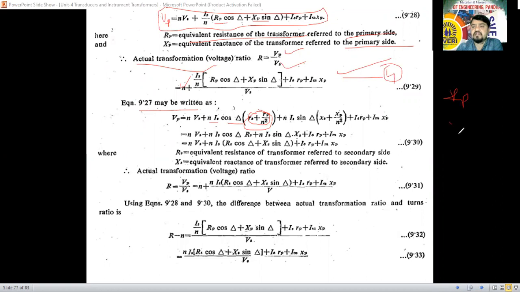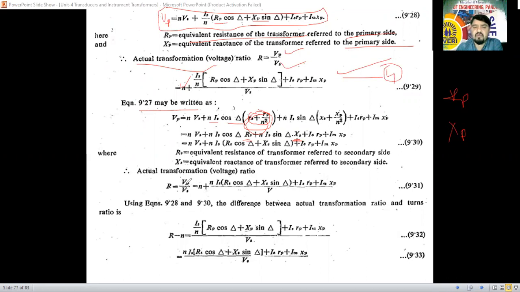Instead of that Rp and Xp, we can use the equivalent secondary resistance and secondary reactance here. Whatever Rs plus Rp by n square is there, that term we can write as Rs, and here Xs. In the place of Rp and Xp, capital Rp and Xp, we can write Rs and Xs, the secondary equivalent resistance and reactance. By doing this also, we have to do the derivation here.